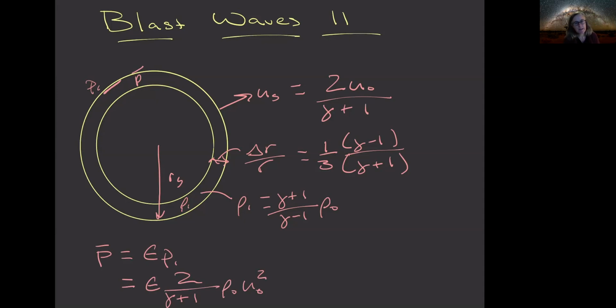So we're relating the pressure in that shell to the external initial density and velocity. Okay, now this pressure does work on the medium. And what can we learn about that?